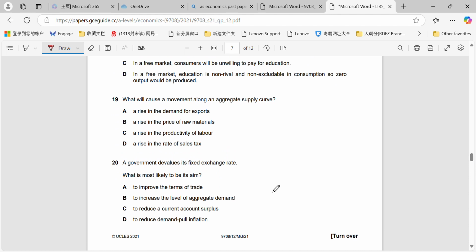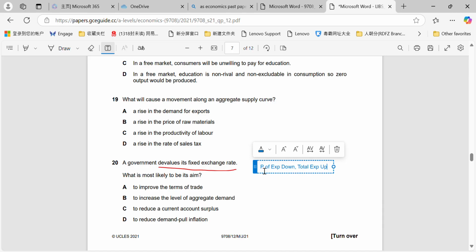Okay, question 20. A government devalues its fixed exchange rate, so it essentially depreciates it. What does that do? Price of exports down, total exports up, price of imports up, total imports down. What can it do?